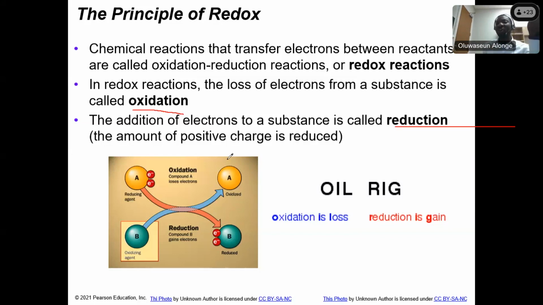When oxygen is removed from a substance, we say the substance has been reduced. When oxygen is added to a substance, we say that substance has been oxidized. So when a substance loses oxygen, the substance has been reduced. When a substance gains oxygen, the substance has been oxidized.